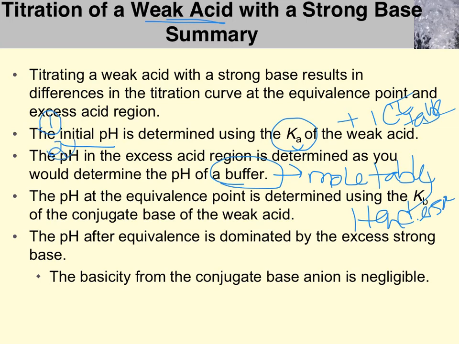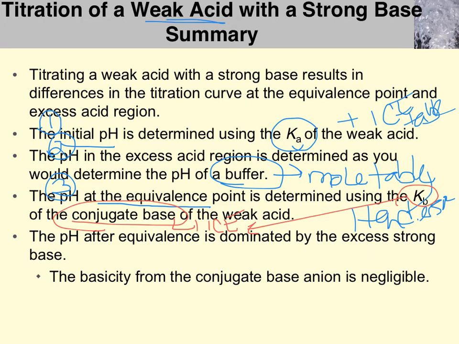So that's one type of calculation. The third different type of calculation is at the equivalence point. At the equivalence point, all you have left is the conjugate base. So again, you set up an ice table, but this time for the conjugate base and using Kb.